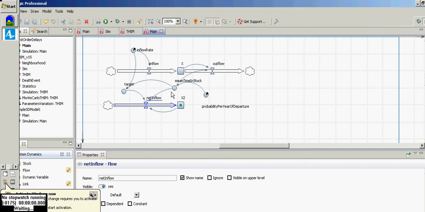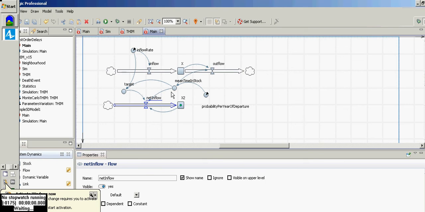And so here, target would be the risk out there in the population, and the mean time in stock would be the mean time you would keep your perception, in the meantime, to change your perception of this external risk. Maybe target represents an amount of air pollution in one region, and the mean time represents how quickly that air pollution spreads to another region.